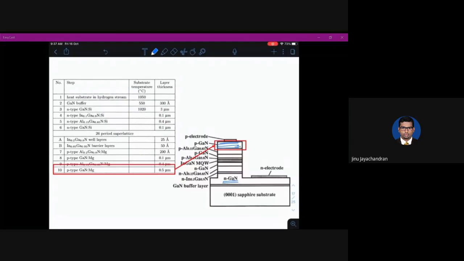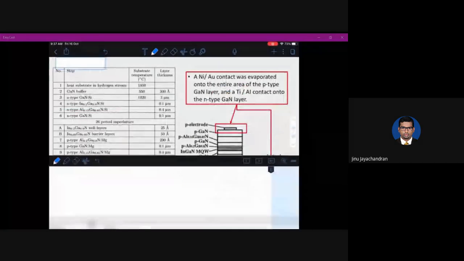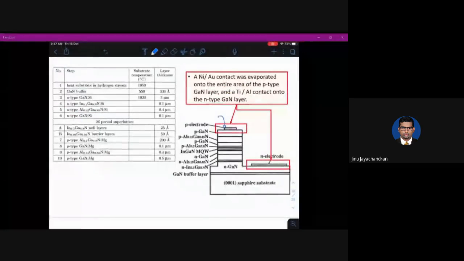So once you have all the layers assembled, then you can create the metal contact. This is basically metal, so that you can connect an external circuit and inject current. In the case of the indium gallium nitride laser diode, there is something called pulsed injection. Pulsed injection current means that you might not be supplying a continuous current all the time.